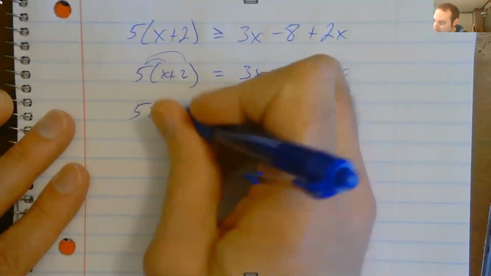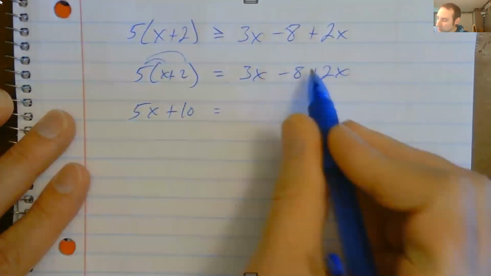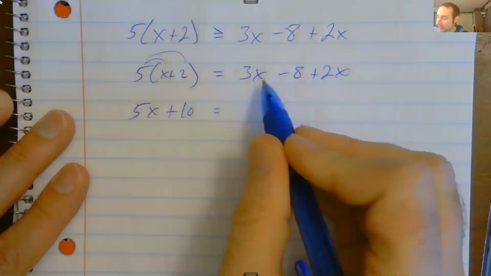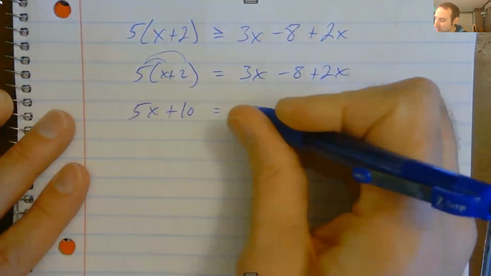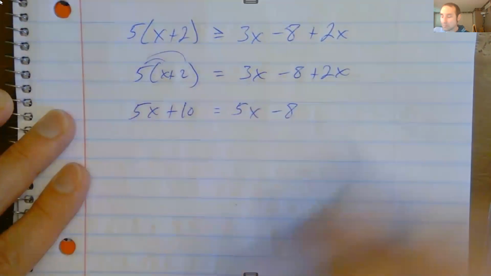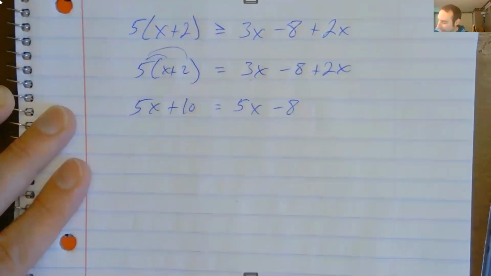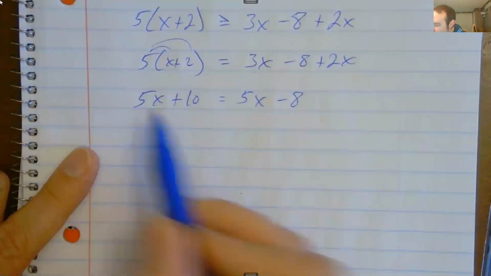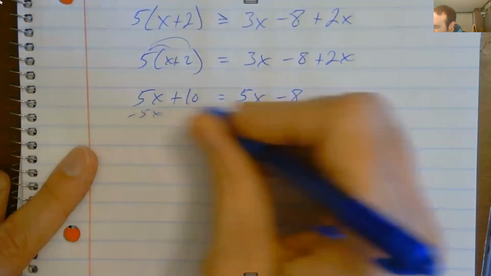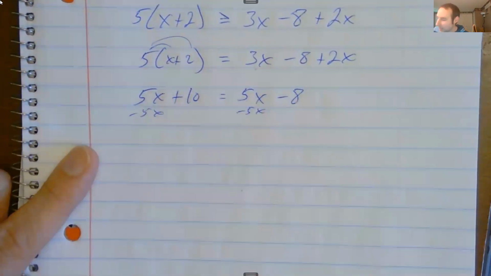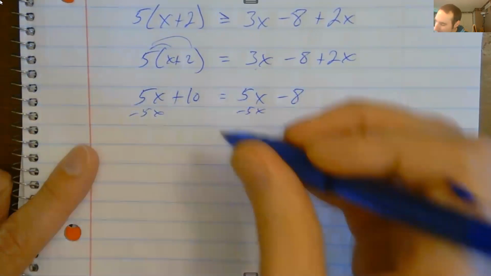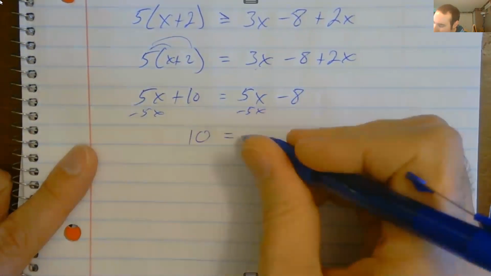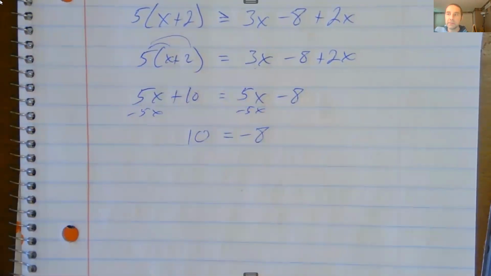So 5x plus 10 equals, and I'll combine like terms on the right side. I've got 3x's plus 2x's, that gives me 5x minus 8. Then I can subtract 5x from both sides, and the 5x's go away, and I'm just left with 10 equals -8.